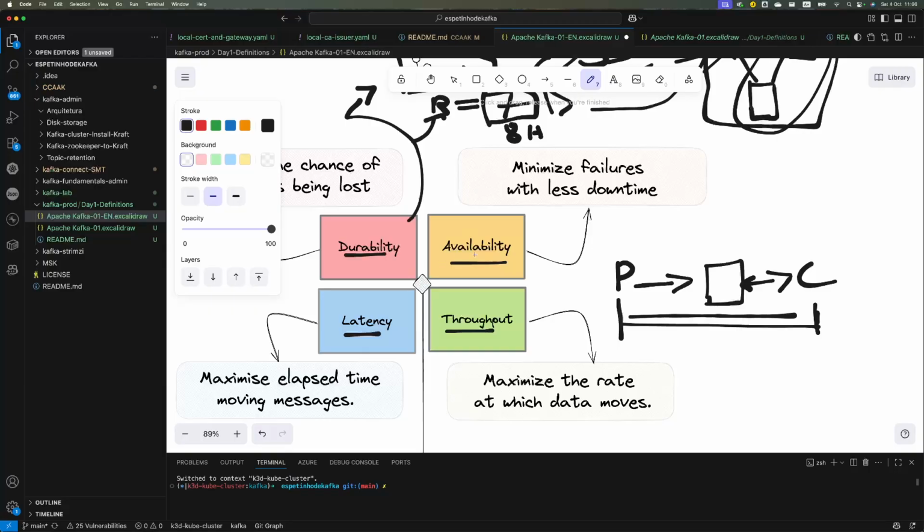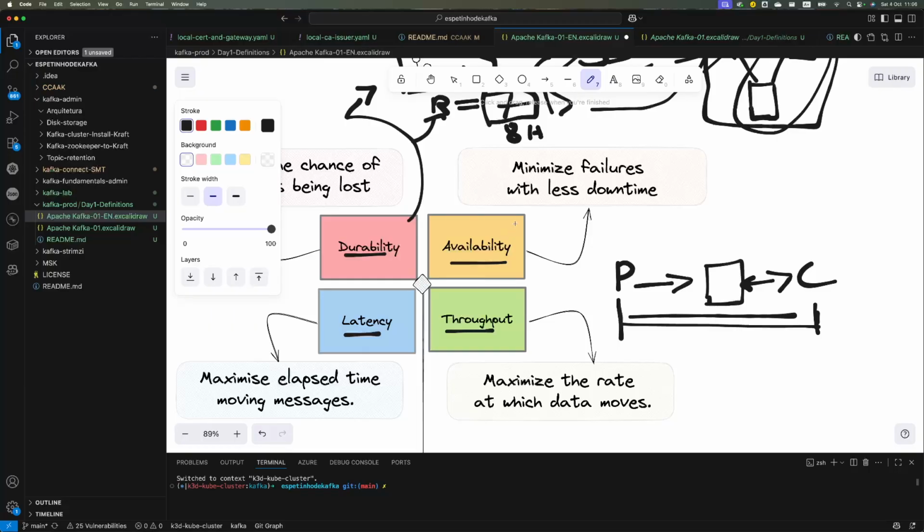The durability, the availability, latency, throughput. This is very important to know, and very important to decide and design in your Kafka. It's very common, for example, to put my priorities in order.